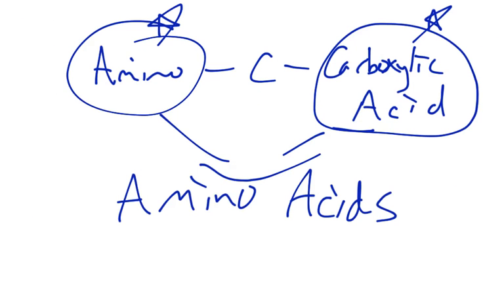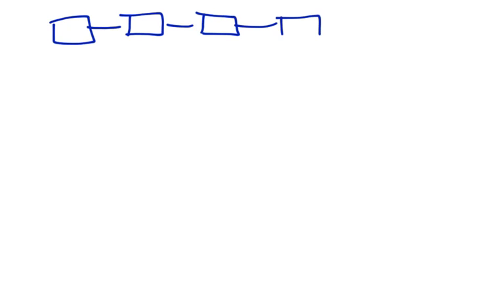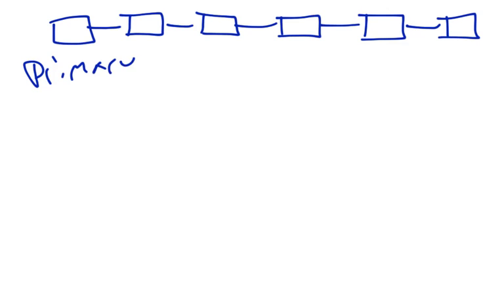Now let's look again here at this other page. If we have a bunch of amino acids, this is what we call the primary structure and the primary sequence. It's the actual amino acids and their sequence. How are they laid out? That's the primary sequence and primary structure.